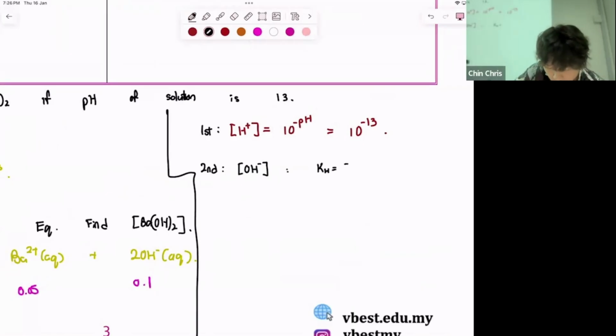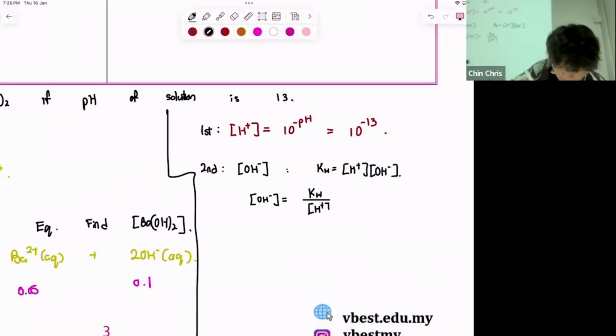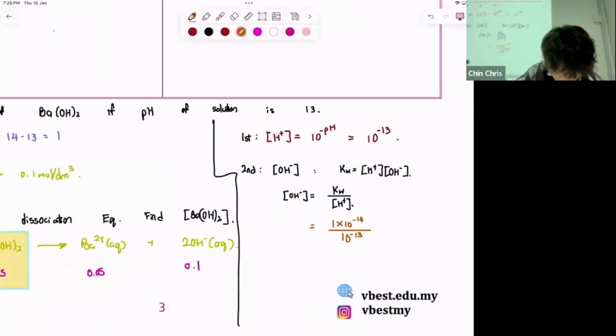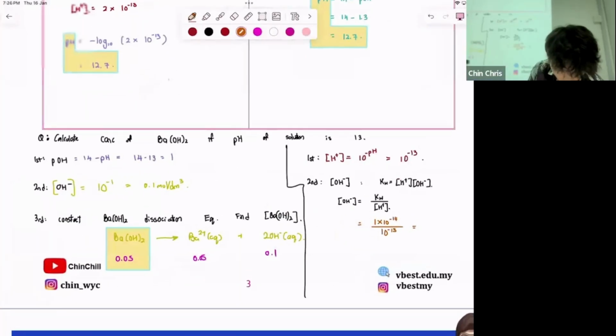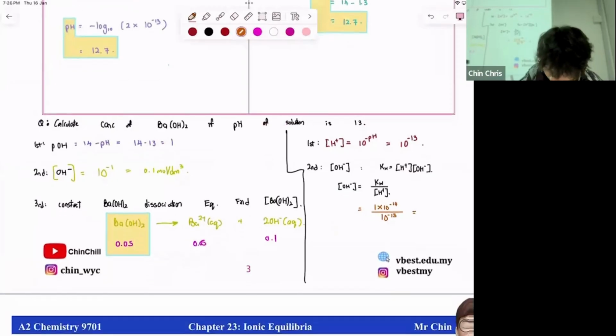Kw equals H plus times OH minus, right? So OH minus equals Kw divided by H plus, which is 1 times 10 to the power negative 14 divided by 10 to the power negative 13. And your answer should be equal to 1.